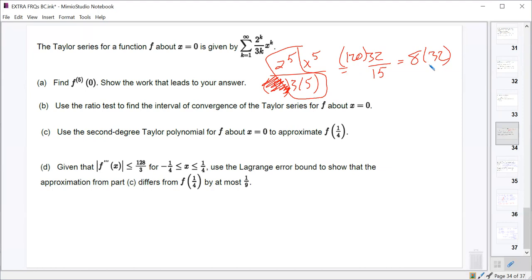What does that come out to be? 256. So that comes out to be 256. You all good with part A or no? Nobody's saying anything now. You're understanding why I multiplied by 120 or not?